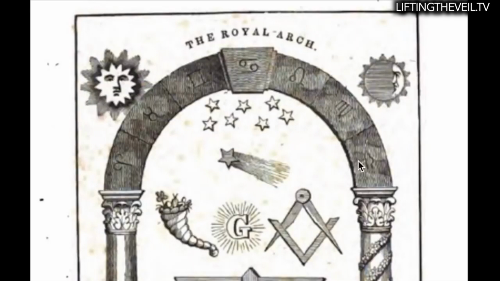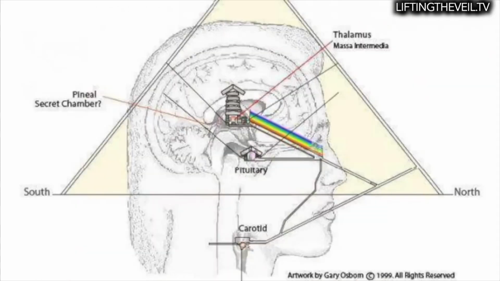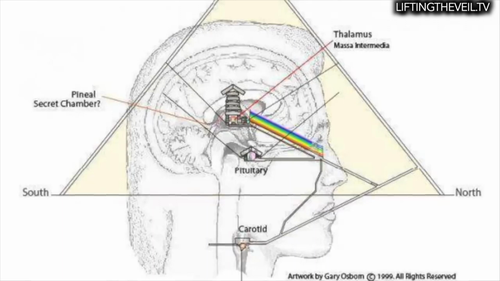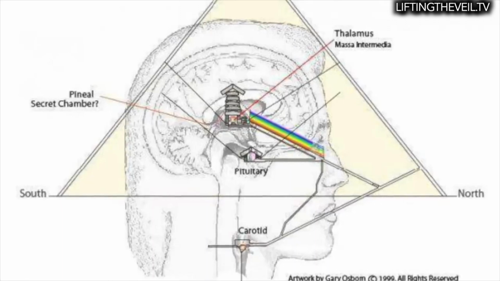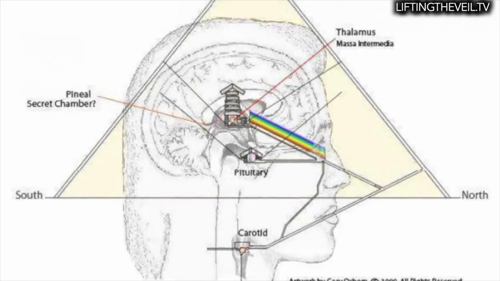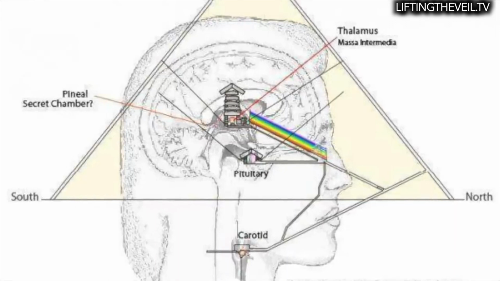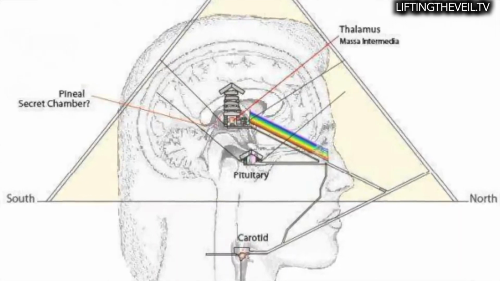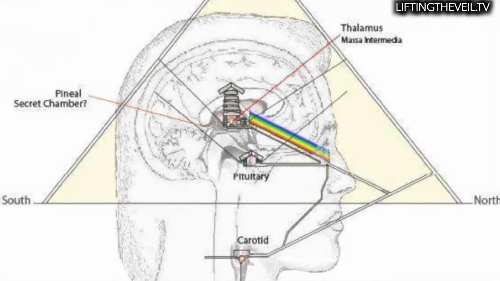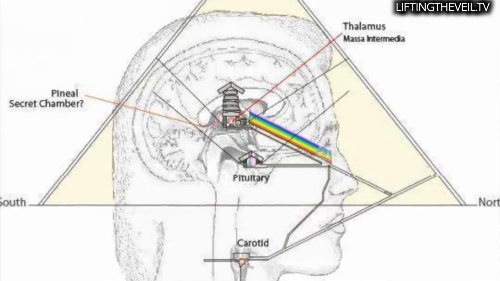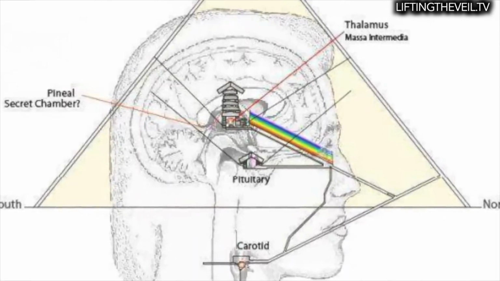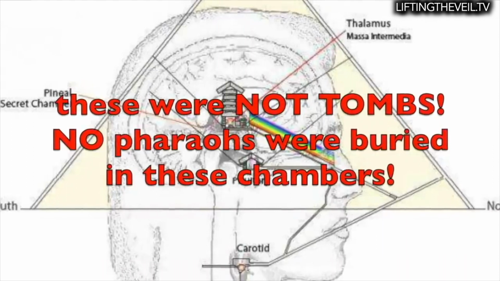Because here in just a minute I'm going to point out to you why the innermost chamber of the brain, if you overlay the Great Pyramid on top of the brain, the king's and queen's chamber of the Great Pyramid corresponds exactly to the innermost chamber of the human skull, which is the thalamus and the ophthalmos region where the pineal gland sits. So again, that's why it's called the king's queen's chamber.